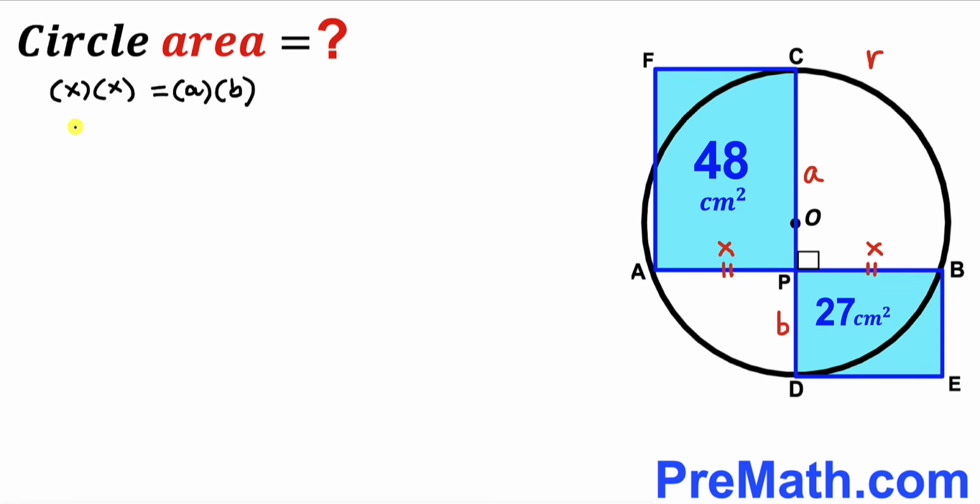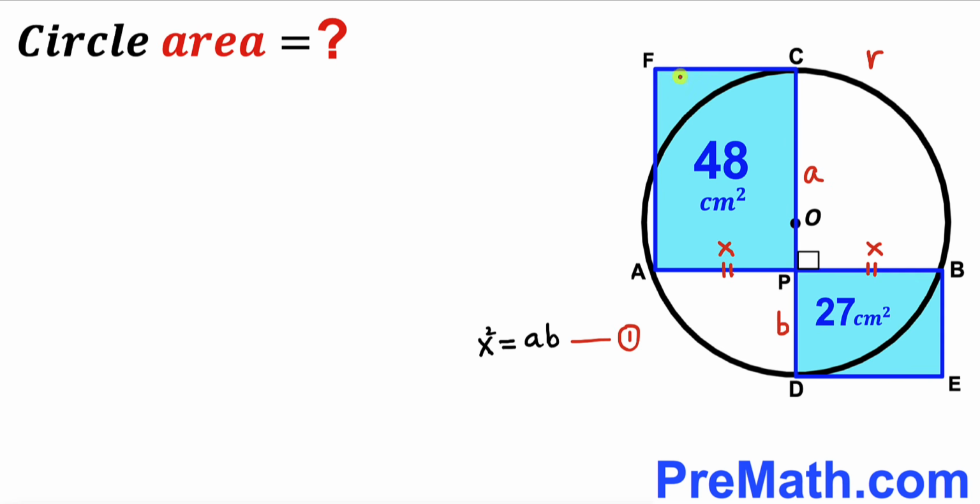So therefore we end up with x squared equals a times b. And now I'm going to label this one as our equation number 1. And now our task is to find the value of segment a and the value of this segment b.